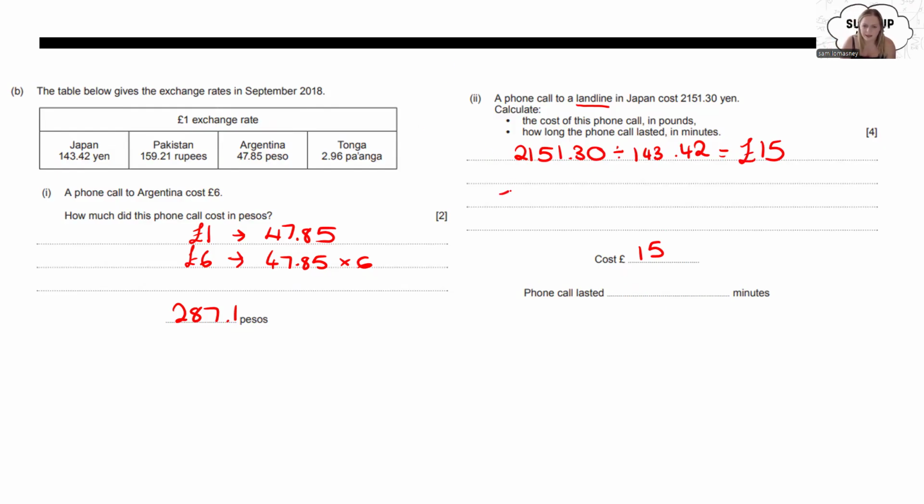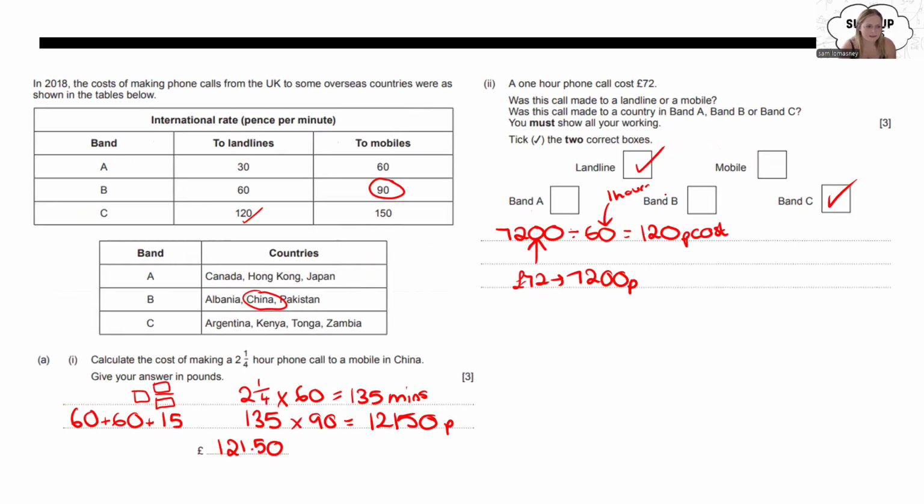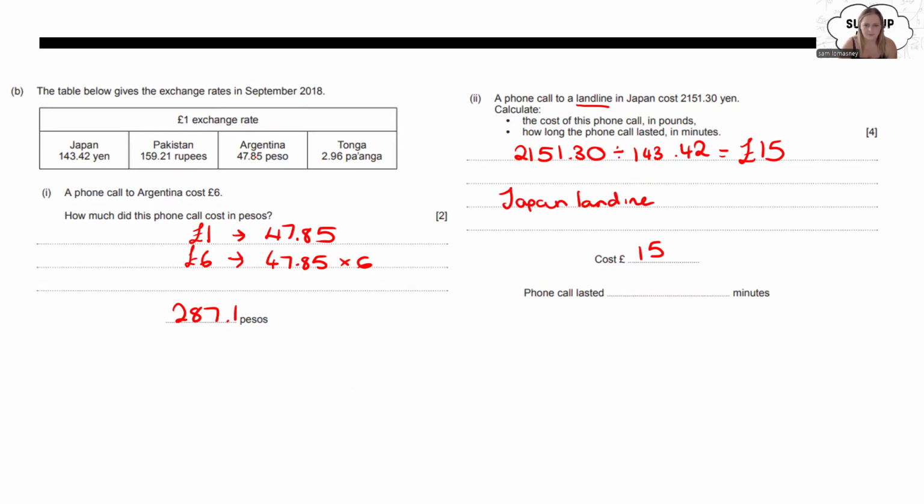So we know it's Japan landline. Let's find out how much Japan landline is. So Japan is here, and that's band A, and landline. So 30. So Japan landline is 30p per minute.